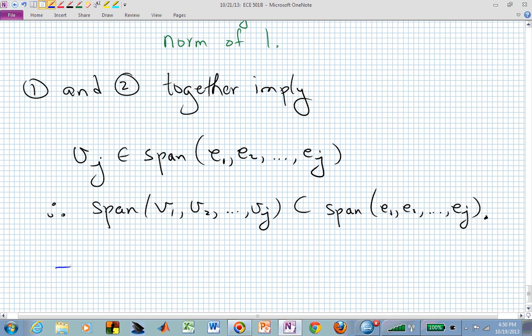And these lists, V1 through V sub m, E1 through E sub m, both of those lists are linearly independent.